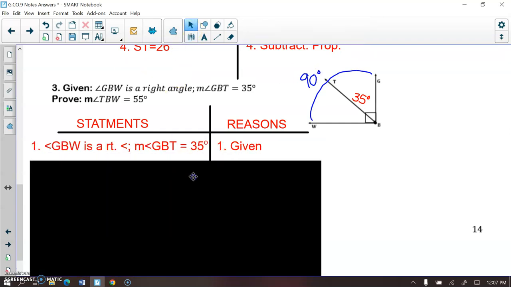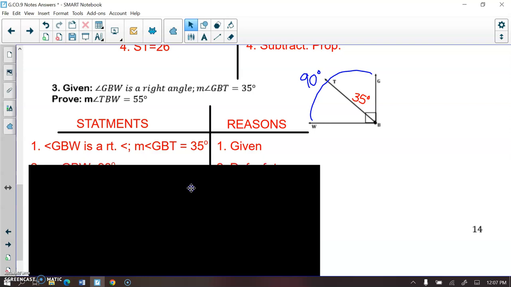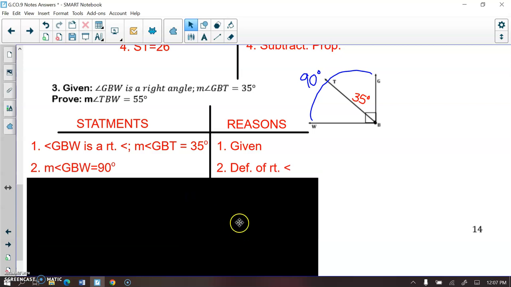So let's first state that we have angle GBW is a right angle. This is how you can abbreviate right angle. And I'm going to state my other part of my given as well. Now, the definition of a right angle gives us that the measure of angle GBW then is 90 degrees.